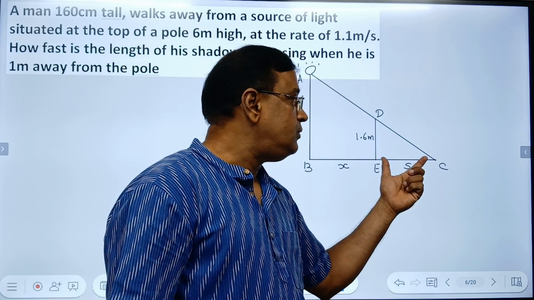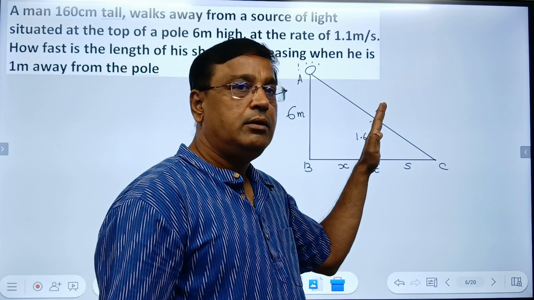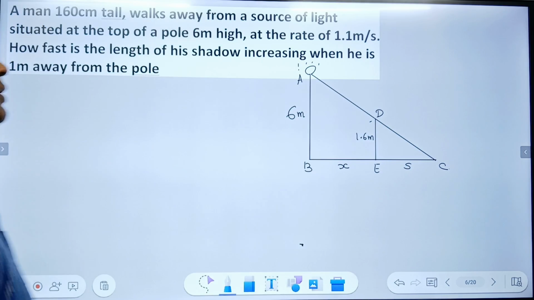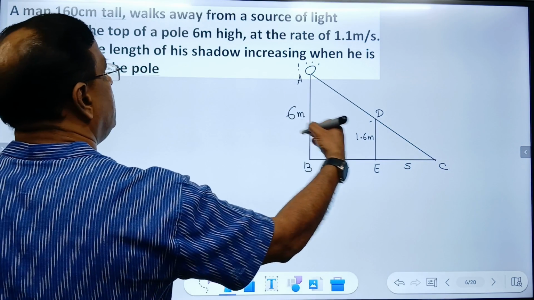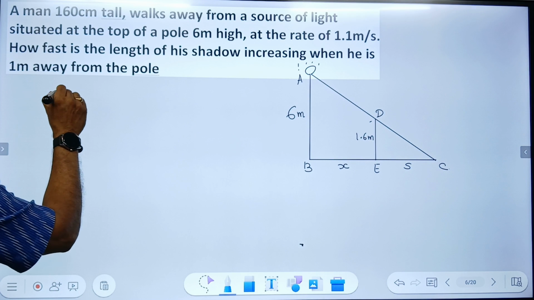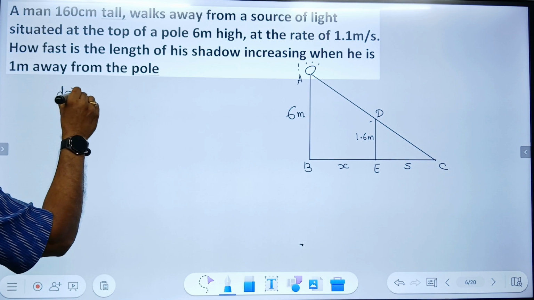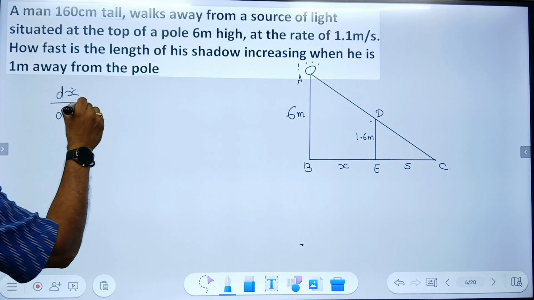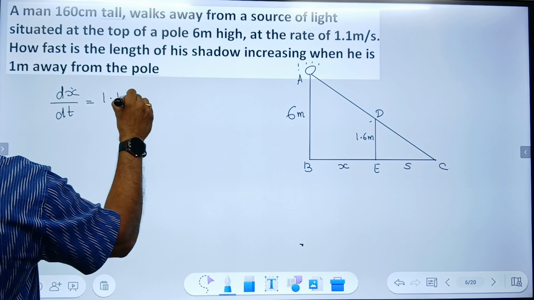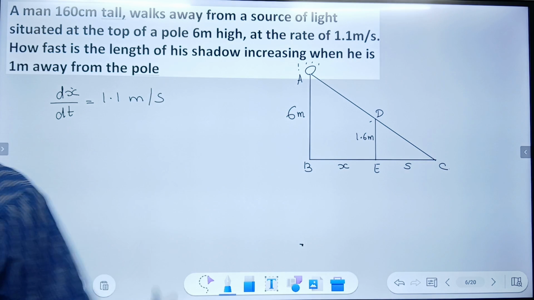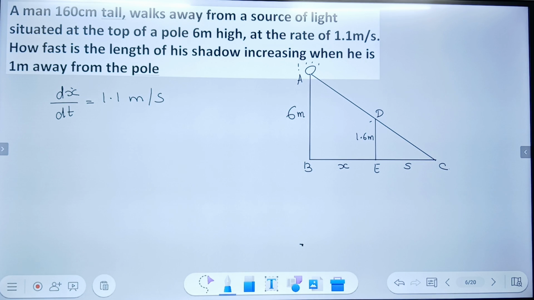EC is the length of the shadow of the man because of the light. Okay. Now I want to find actually what is given. The man is moving away from the lamp post. So dx by dt, this is changing. dx by dt is given as 1.1 meters per second. Now I want to know how fast is the length of the shadow increasing, right?